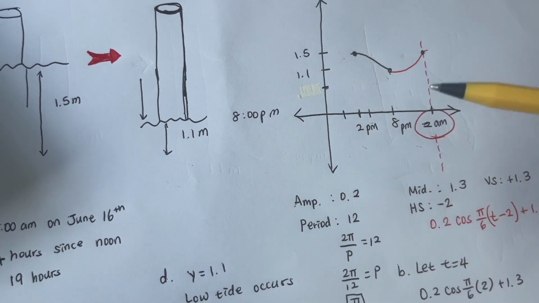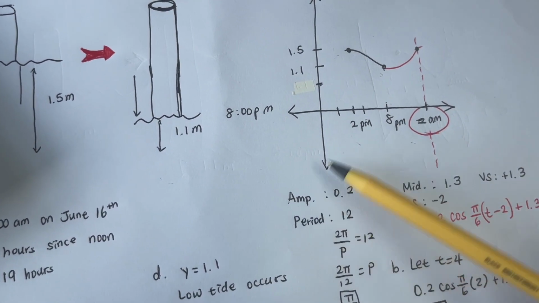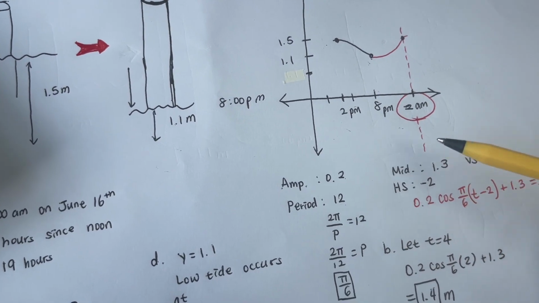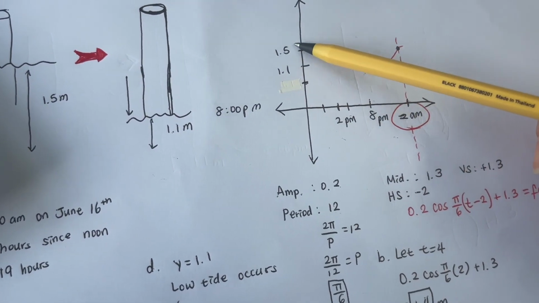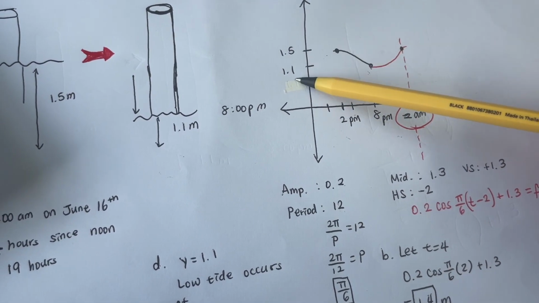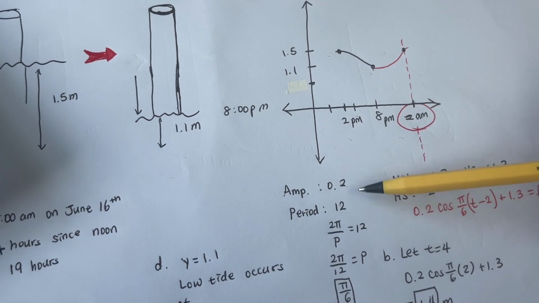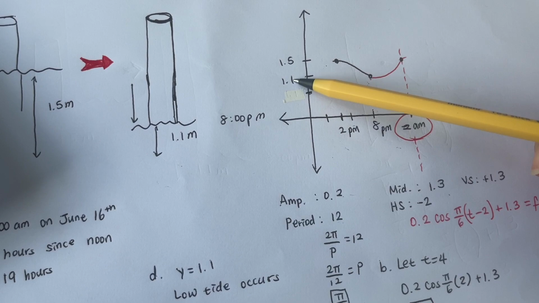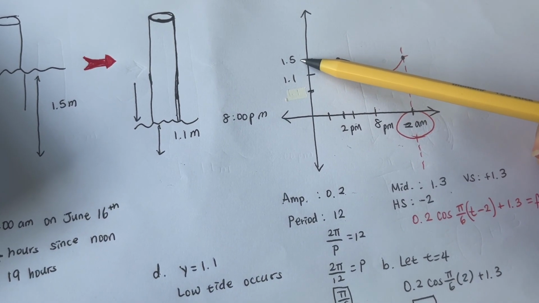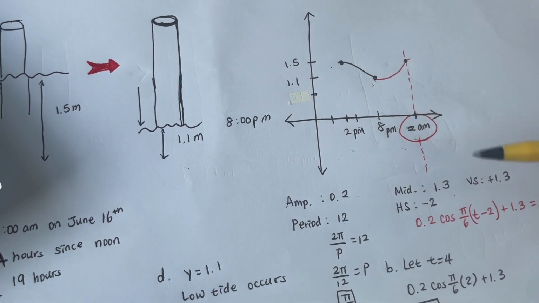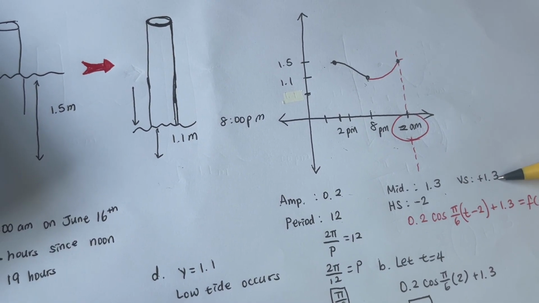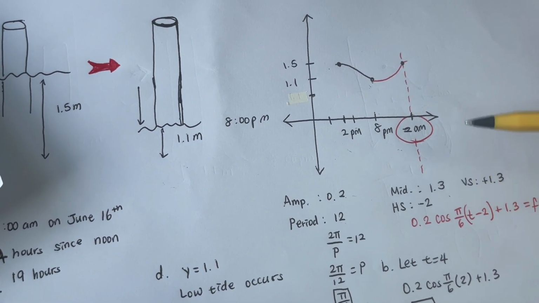Based on this graph, I went ahead and determined our amplitude and period. Our amplitude would be 0.2 because it's 0.4 divided by 2. Our midline is 1.3 because I did 2.6 divided by 2. And then we have a vertical shift, obviously, thanks to our midline.